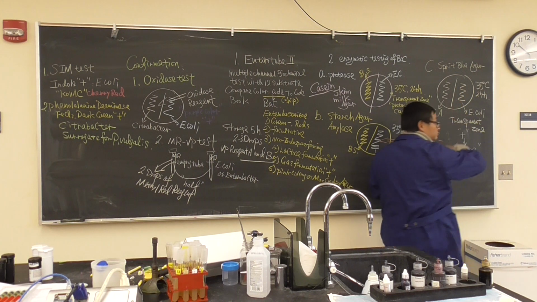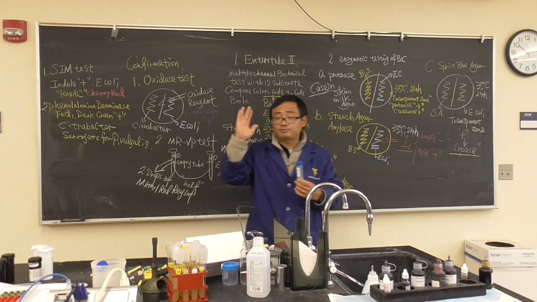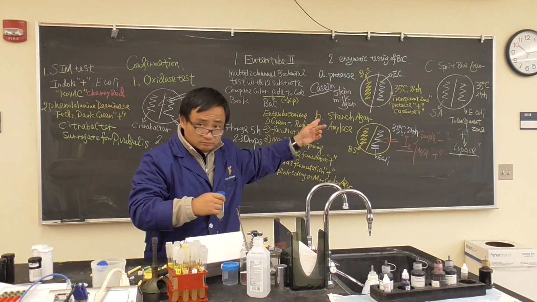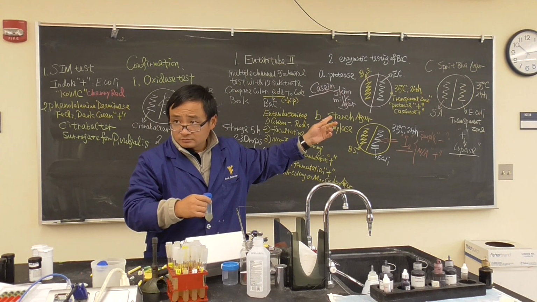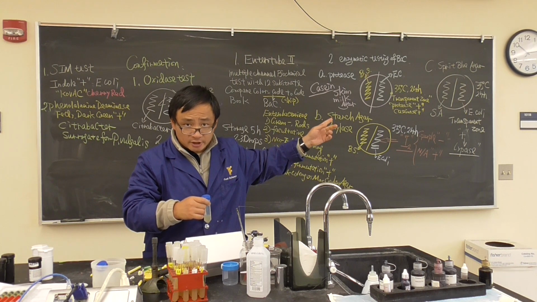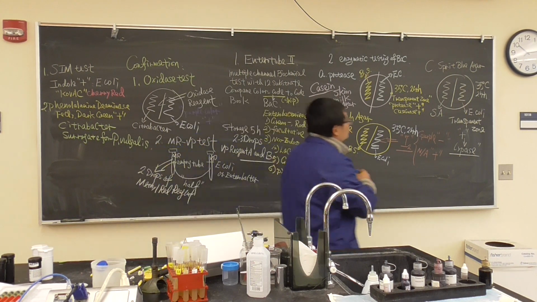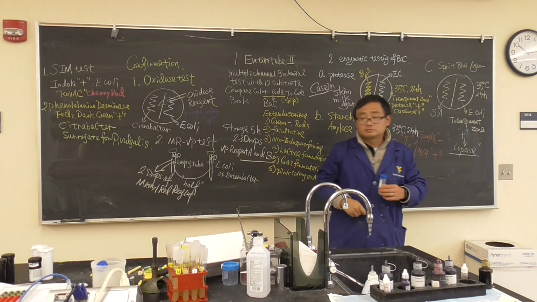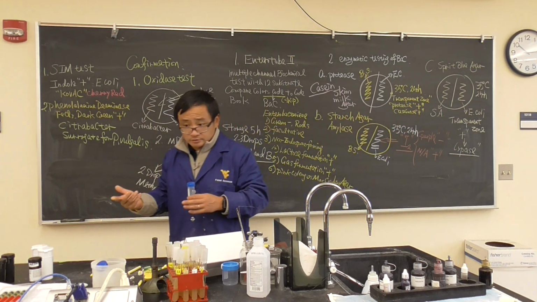Very gentle, and a tiny picking. Otherwise the whole agar will be flooded. Make sure you pick a little bit, and then you do a little circle, and it will be growing there.